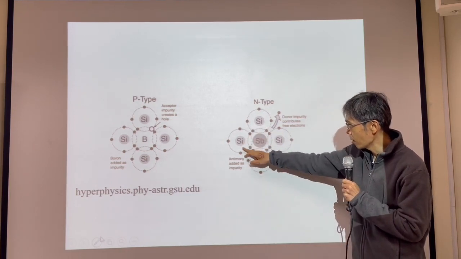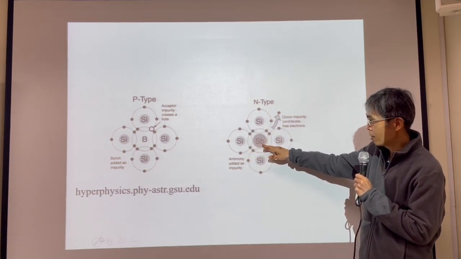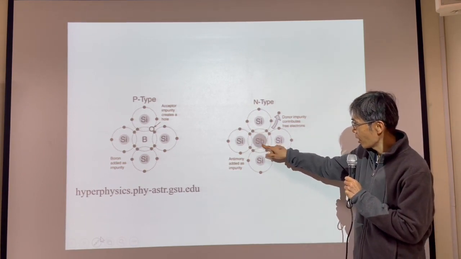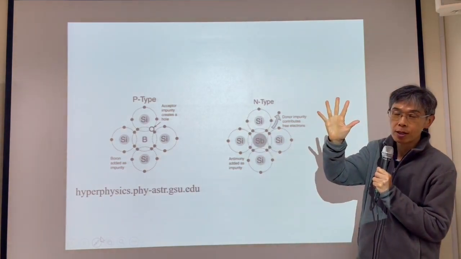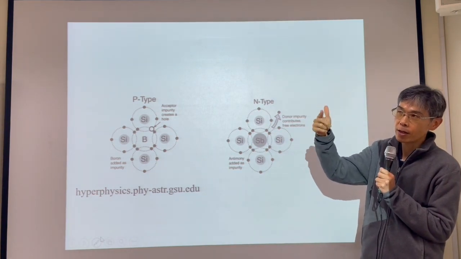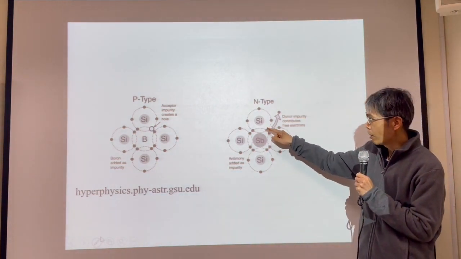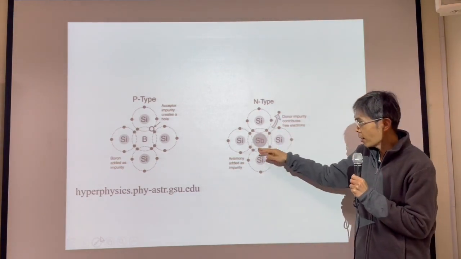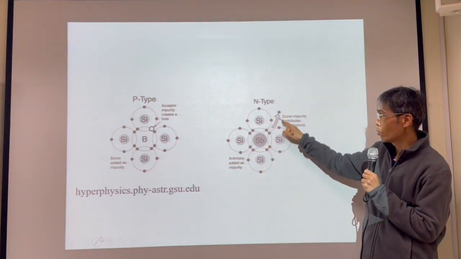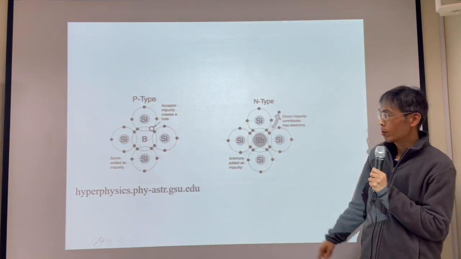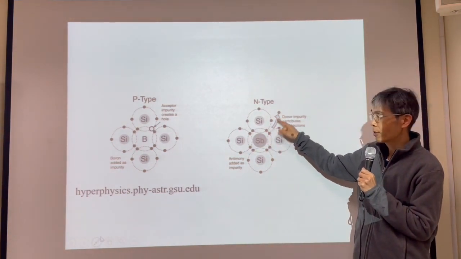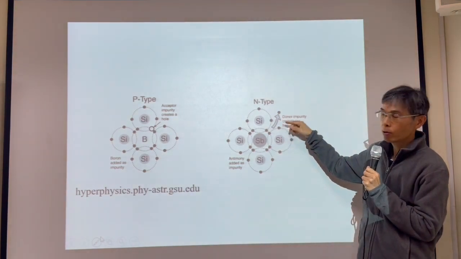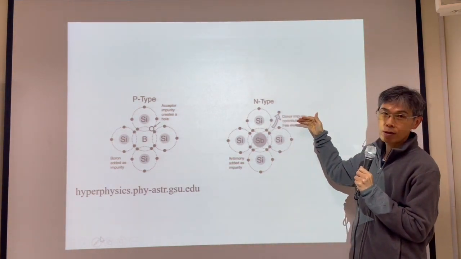For this atom, it has 5 electrons at its outermost layer. With 8 electrons, the layer is stable, so we have 1 extra. It was kicked out and is moving around. So this one is free to become a conductor.